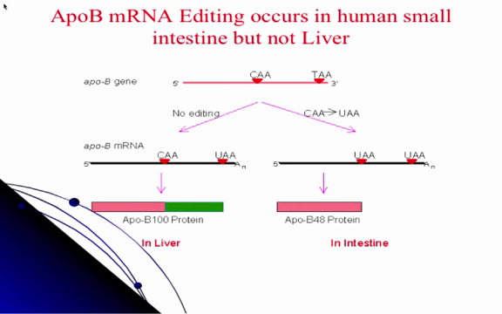So I'll give you the details of this. So here's the ApoB gene. One of the largest genes in the genome. ApoB is a massive protein. Huge gene. So here's the 5' end of the DNA, 3' end over here. Here's about the central part of the gene.